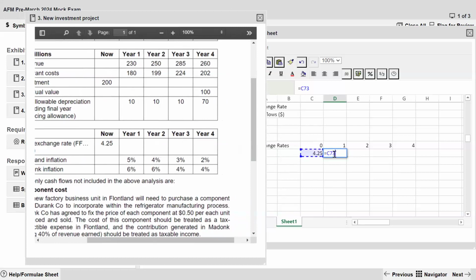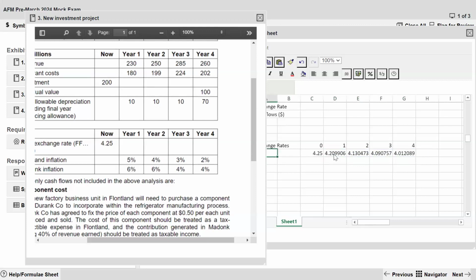It's gonna be this multiplied by 1.05 divided by 1.06, equals this multiplied by 1.04 divided by 1.06, equals this multiplied by 1.03 divided by 1.04, equals this multiplied by 1.02 divided by 1.04.